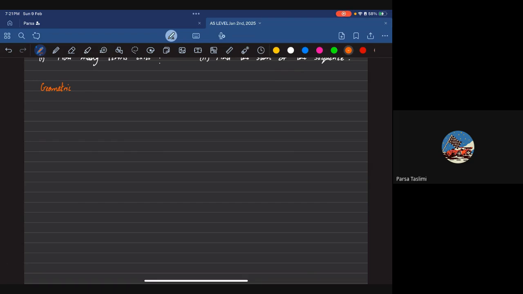In arithmetic progressions, we add or subtract in order to get to the next term. In geometric progressions, we are going to be multiplying or dividing in order to get to the next term.